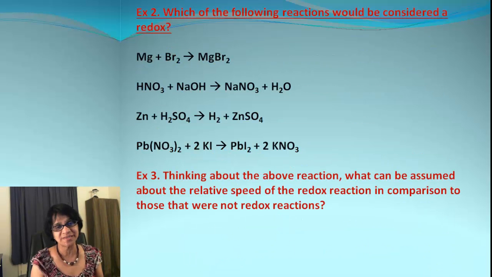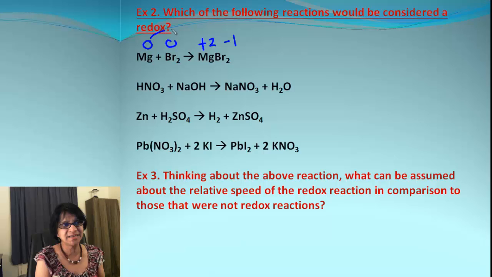Let's take some more examples and find out which reactions are redox and which ones are not. The very first reaction, magnesium is 0, bromine is 0, and what do we get here? +2 and -1. So you can easily figure out magnesium is going from 0 to +2 and bromine from 0 to -1. We have both of those changing their oxidation state, so that is a redox reaction.